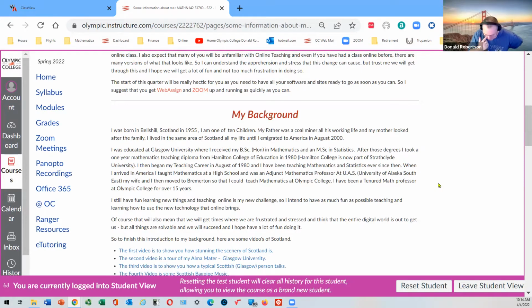I got my degrees from Glasgow University, which is the third oldest university in Britain. It was founded in 1581. So it was there a few years.